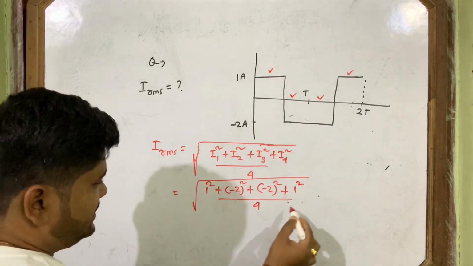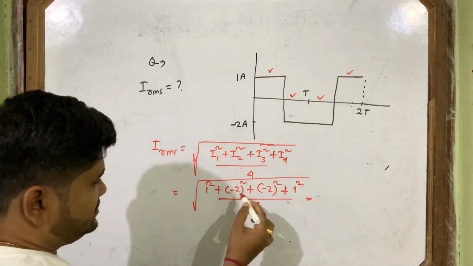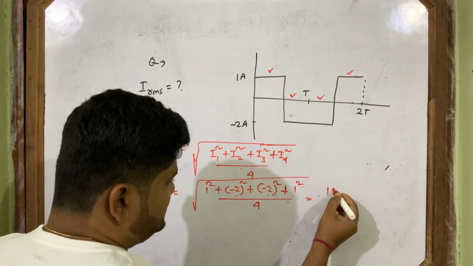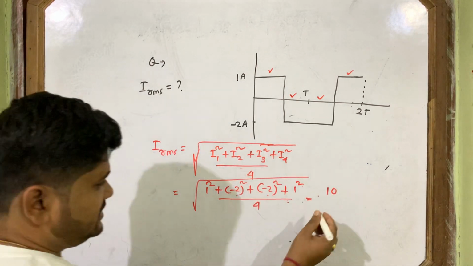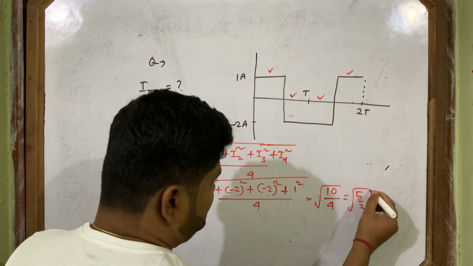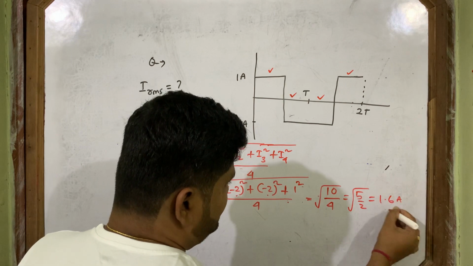What answer are we getting now? So this is 4 plus 4, 8, and this is 10, it's coming, right? 10 by 4 root over, 5 by 2 root over, you will get, I think, 1.6 ampere.